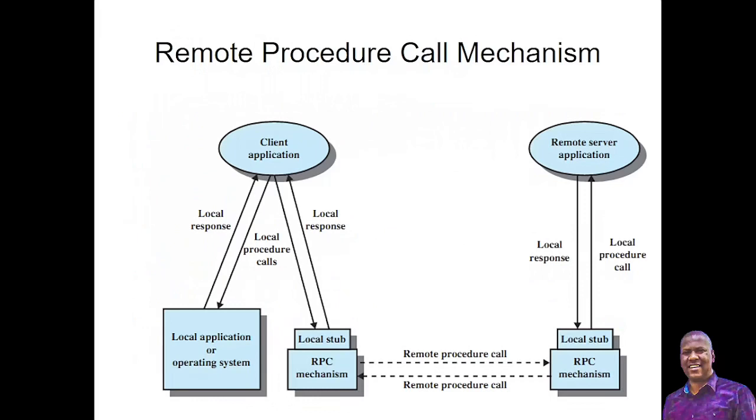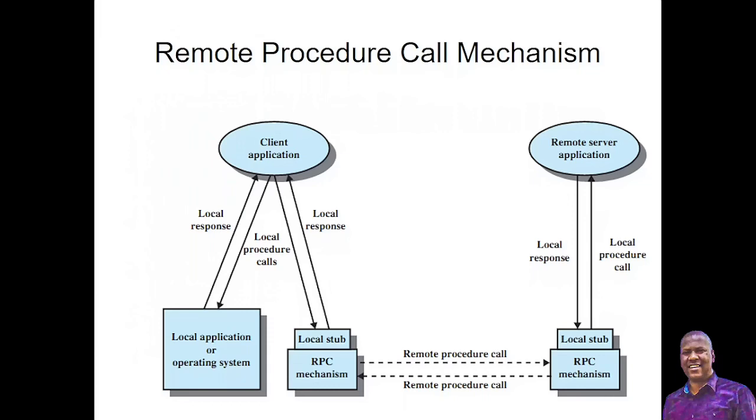There's a diagram here showing how this remote procedural call is implemented. As you can see, the remote procedural call only happens within the local stubs, and there's no direct communication between the client and the remote process.